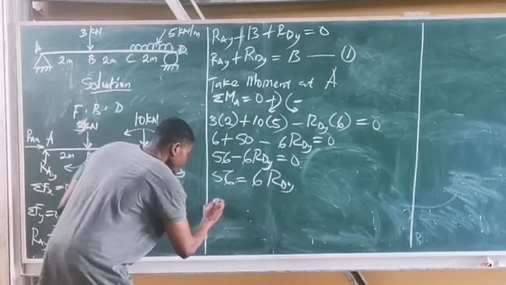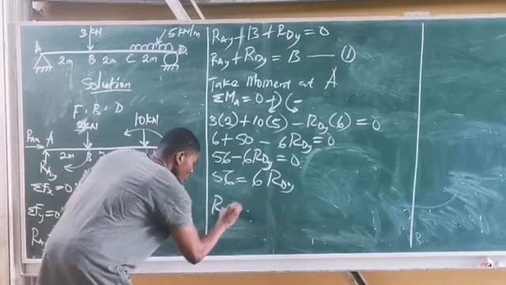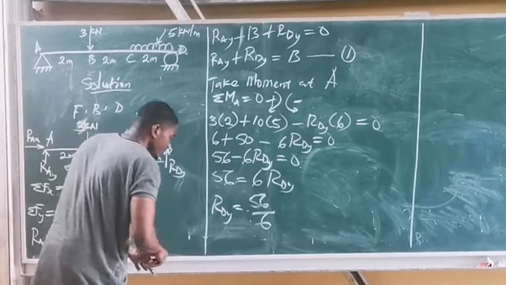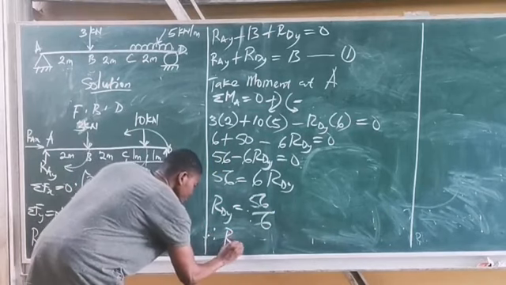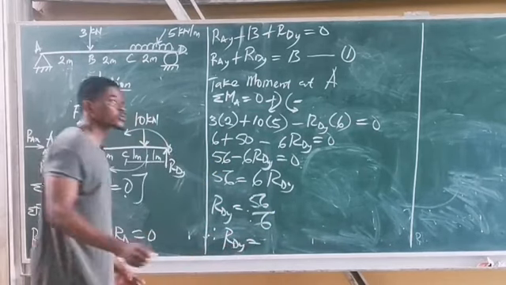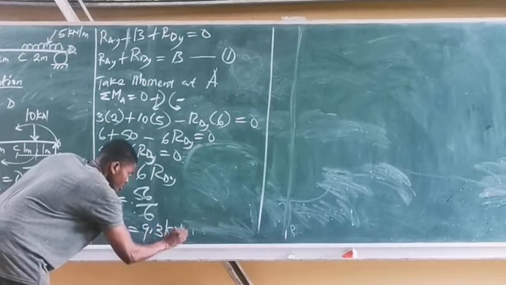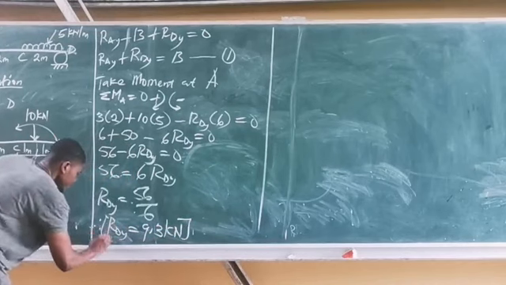Okay, so we have RDY is equal to 56 divided by 6, and therefore RDY is equal to 9.3 kilonewtons.